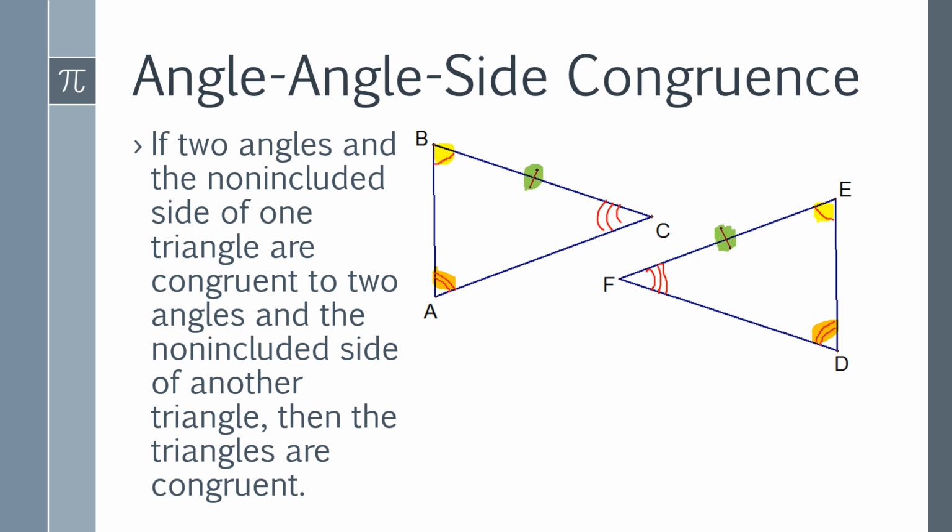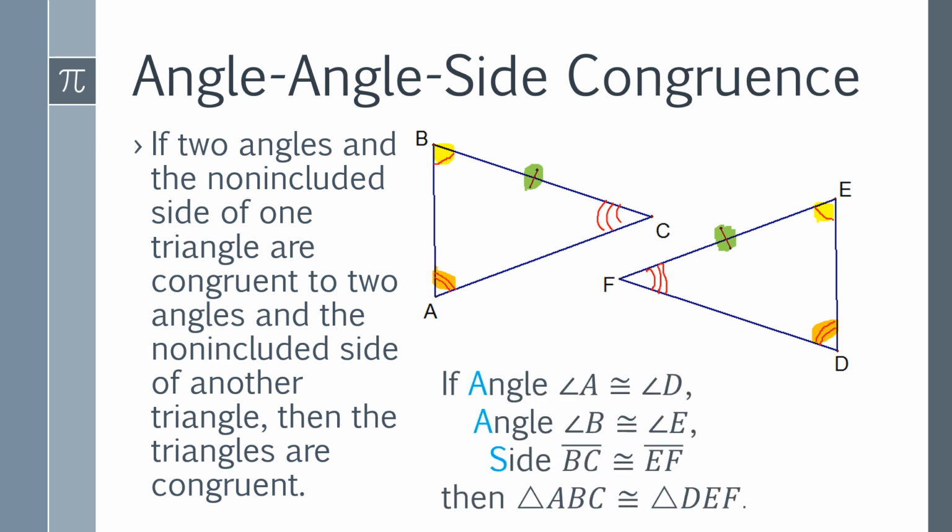So we can build off of angle side angle and the third angle theorem and realize that this also makes these triangles congruent. So if angle A is congruent to angle D, and angle B is congruent to angle E, and segment BC is congruent to segment EF, then triangle ABC is congruent to triangle DEF.